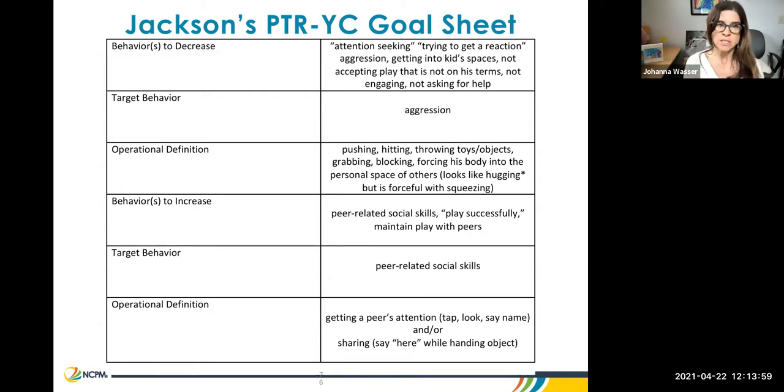And so this team decided to work on peer-related social skills. They were really seeing a trend in his play as needing some improvement. Disorganized play, right? He's in and out of center. He was kind of randomly picking up things and then throwing them, not knowing really what to do with materials. So again, this lower part here, when we talk about behavior to increase and desired behavior to target, this is our best guess.